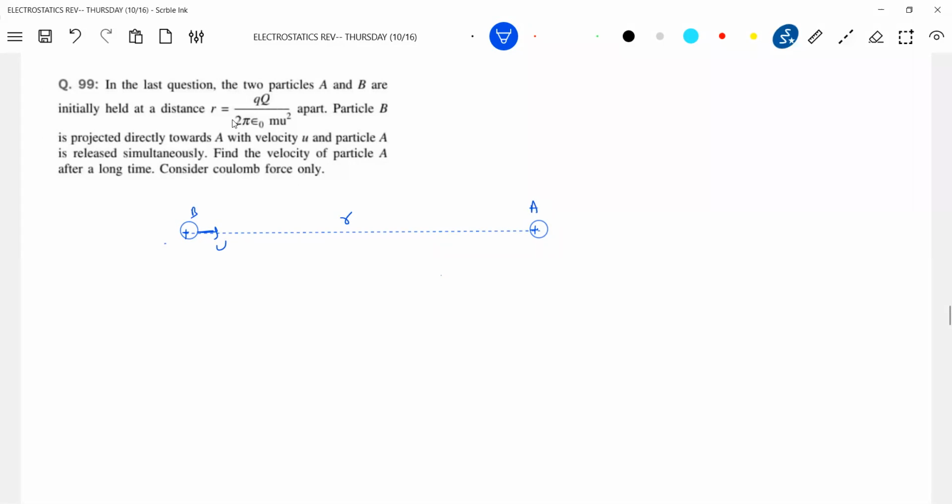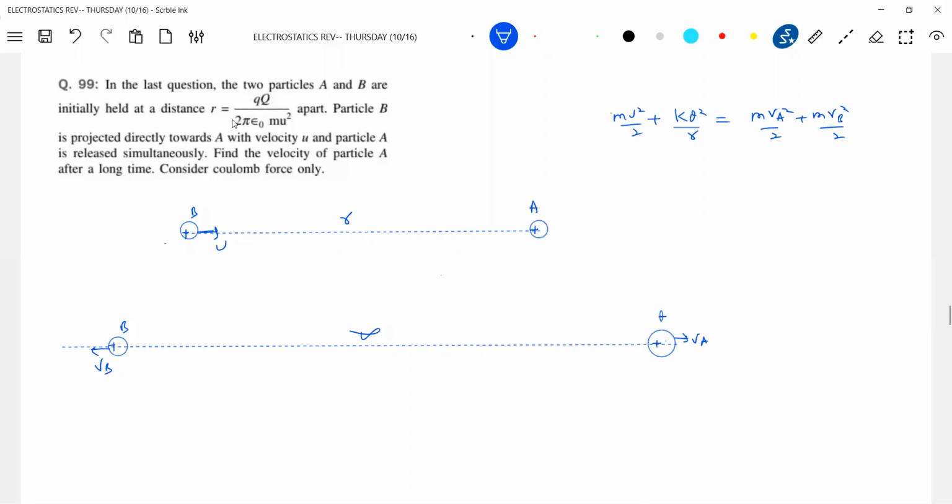Again, the condition is same, no? Finally, in this case, what is the equation? mu square by 2 plus kq square by R should be equal to mva square by 2 plus mvb square by 2.